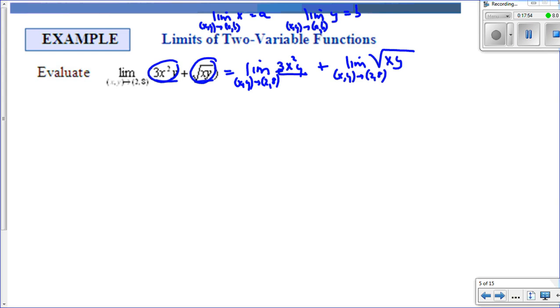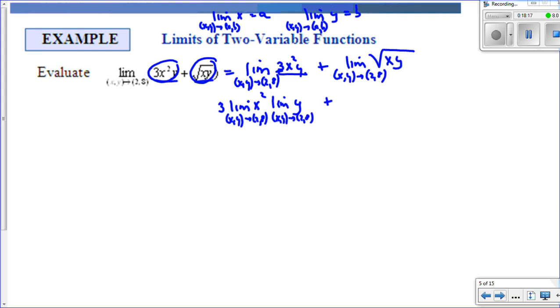So I'm going to use the constant rule that says that this is the same thing as 3 times the limit of x squared y, but because that's a product, I can also break it up to be the limit of x squared times the limit of y. Both these limits will have xy approaching 2,8.